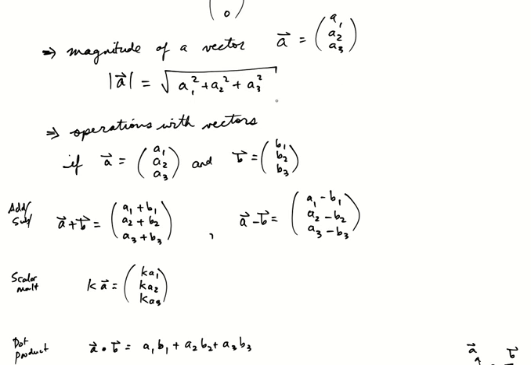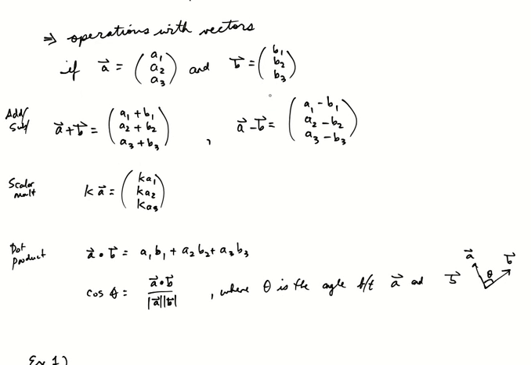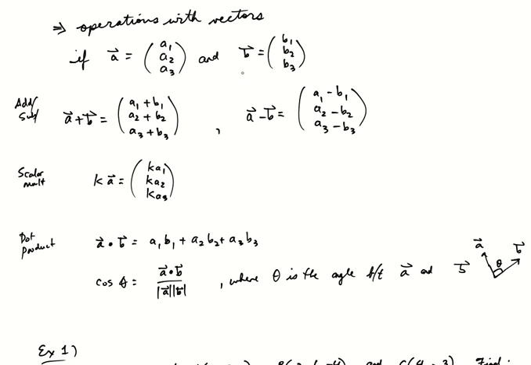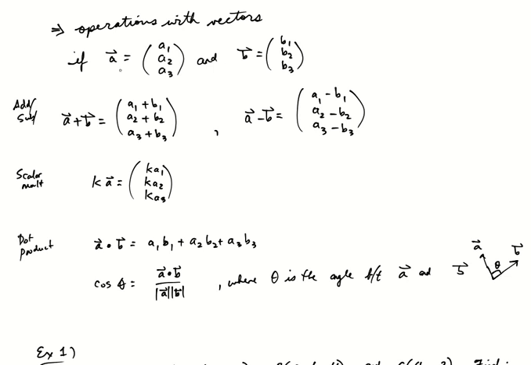Okay, and you would actually see this to be true if we looked at this in 3 dimensions. Okay, we could prove this in 3 dimensions, but I won't do that here. Okay, operations with vectors: if the vector A has these coordinates and the vector B has these coordinates, addition and subtraction rules stay the same.